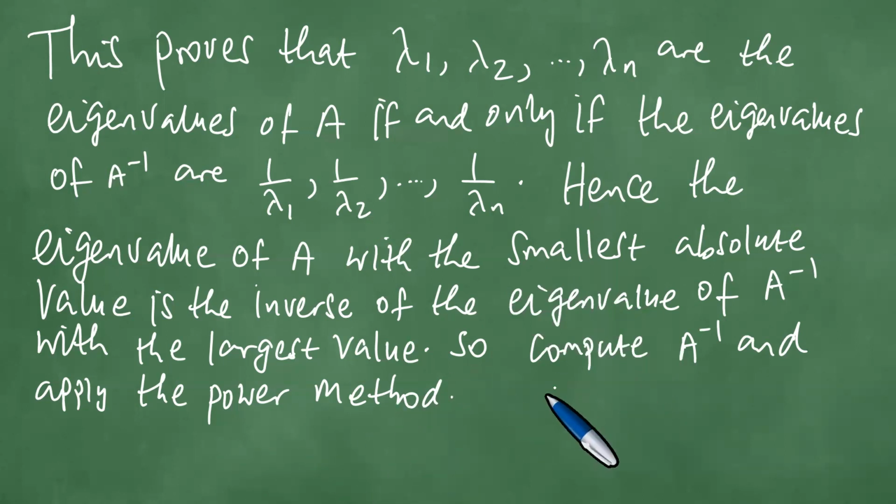Why would it work? Because the eigenvalue of A with the smallest absolute value, which is what we want, is the inverse of the eigenvalue of A inverse with the largest. So what are we looking for here?